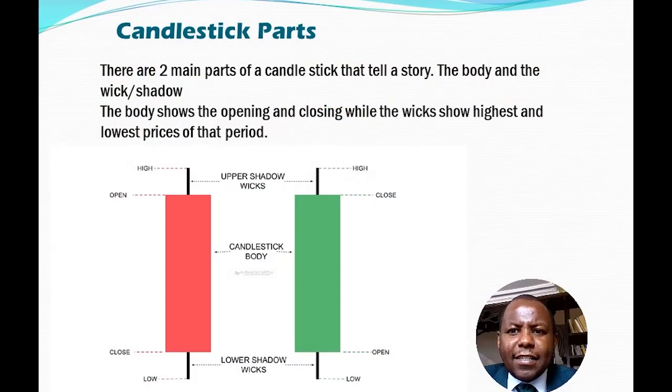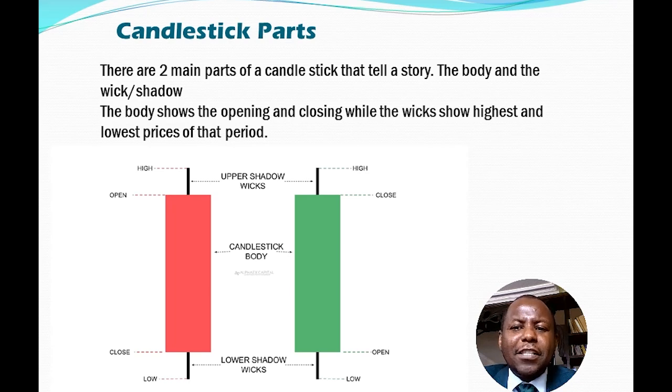So now you understand that a candle has all that information in it. It shows the highest point of the market, where it opened, where it closed, and the low within that particular time frame.